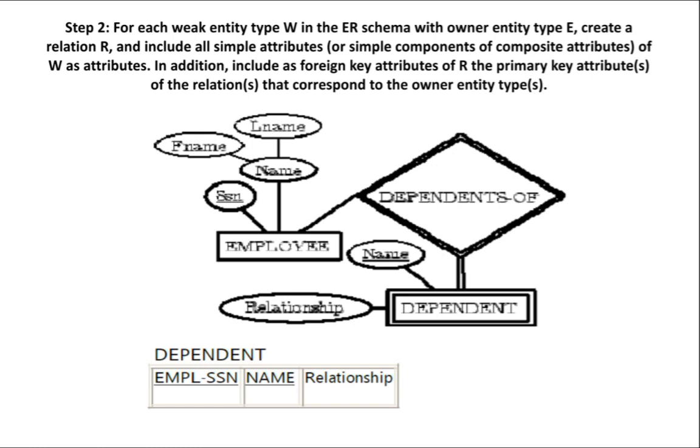So if you come across a weak entity in the ER diagram, how should you consider that in a relational database?